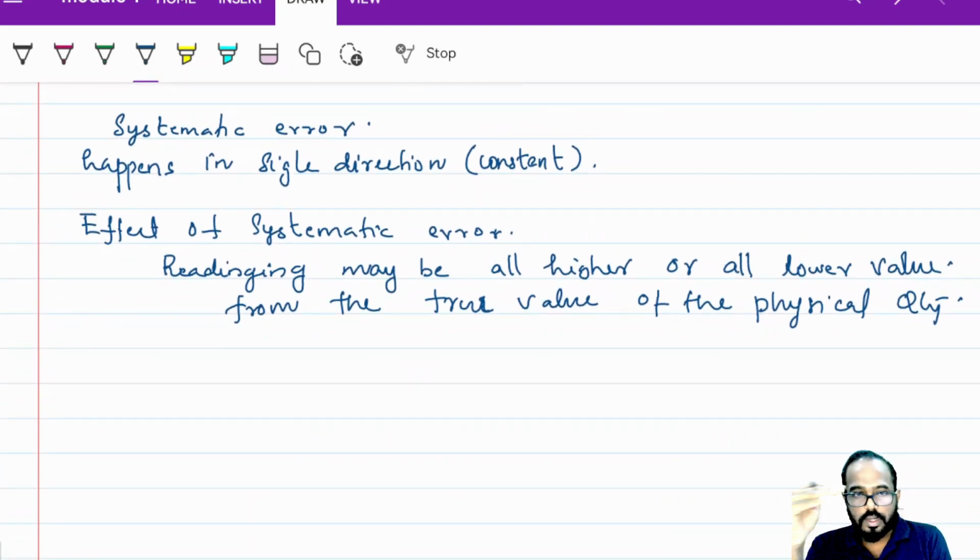So you understood what systematic error is. It is a constant error; it can be plus or minus because it is in a single direction. Either it will be high or it will be low for all the readings, the whole set of readings.